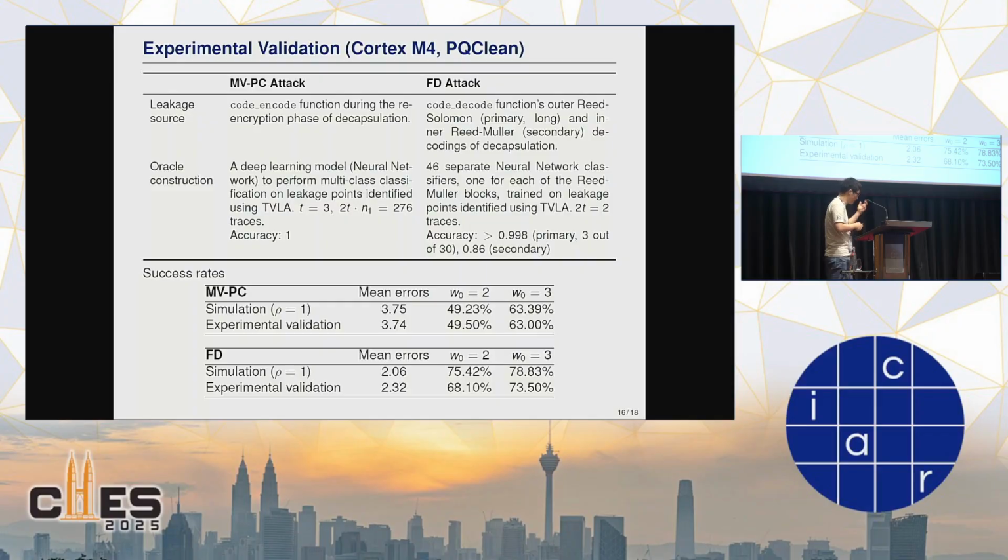The reason is that in simulation, we all use a perfect oracle, but in experimental validation, the oracle accuracy is 86%. It's not as good as a perfect oracle. But still the success rate is quite fine.